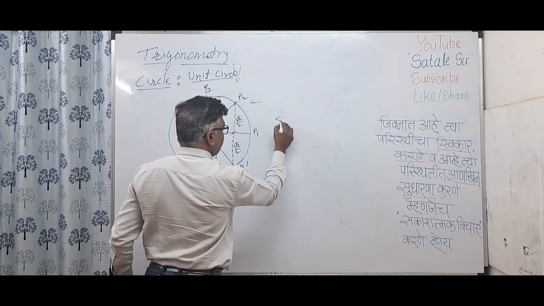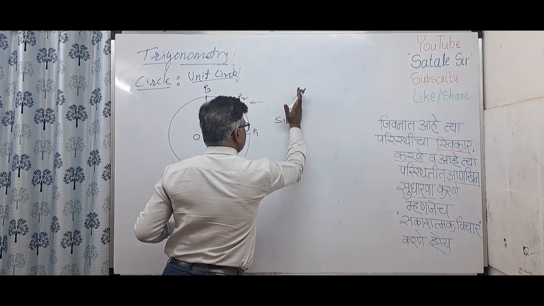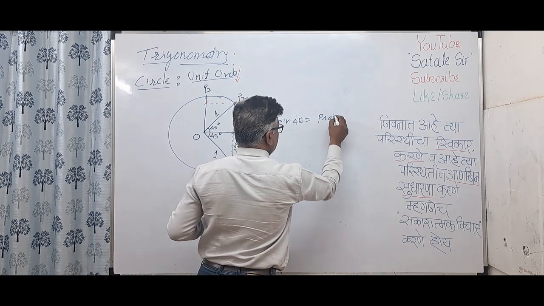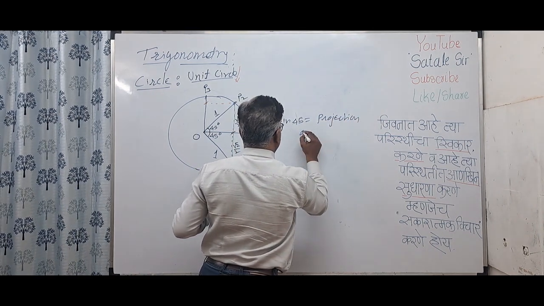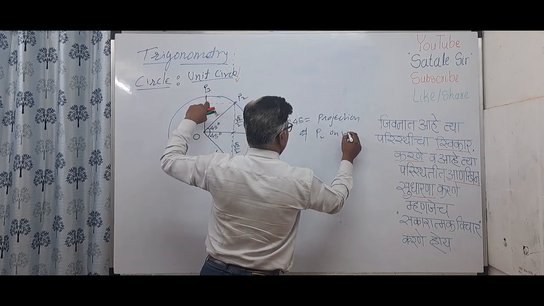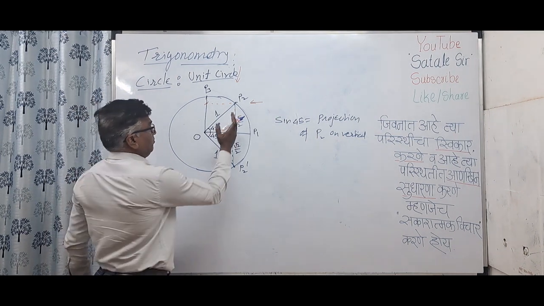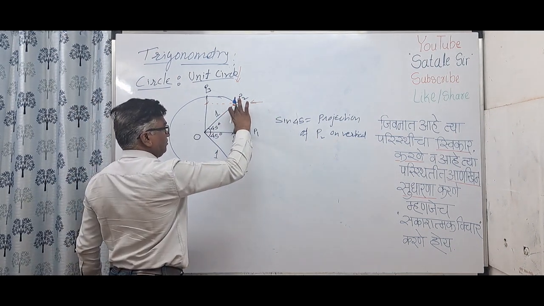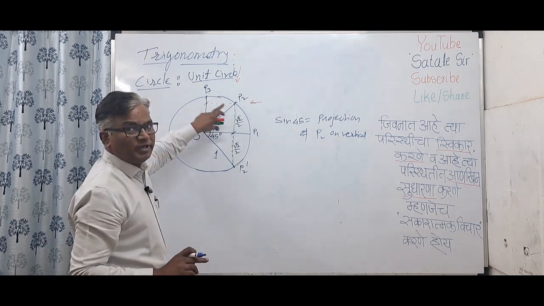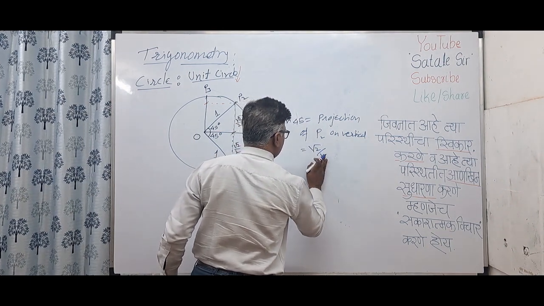So what is this sine of angle 45 now here? Sine of angle 45 is equal to the projection of point P2 on the vertical. Okay, projection this much distance. If it falls here, it will be called as how much? Root 2 by 2. So this is equal to root 2 by 2.